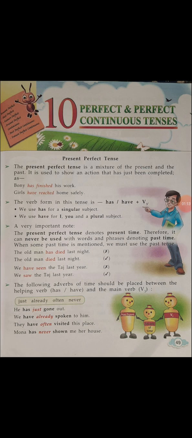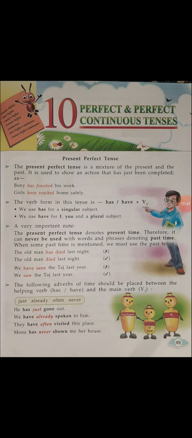So, the present perfect tense is a mixture of the present and the past. It is used to show an action that has just been completed, as in: Bonnie has finished his work, girls have reached home safely. Whenever you are writing a sentence in this tense, you have to use both present and past.